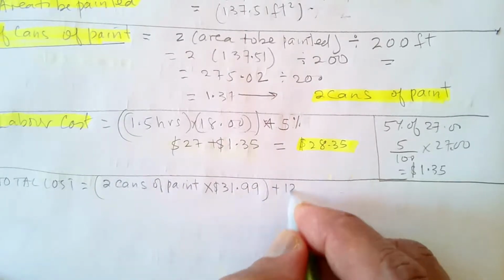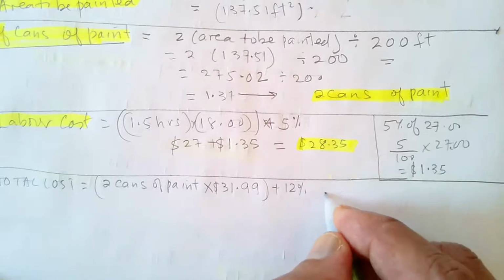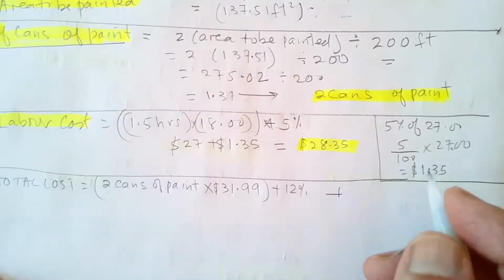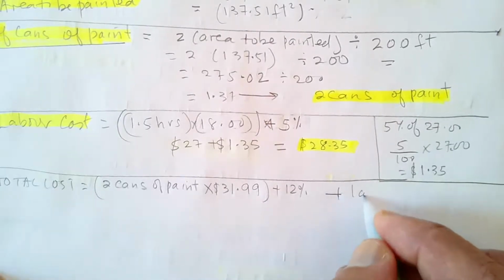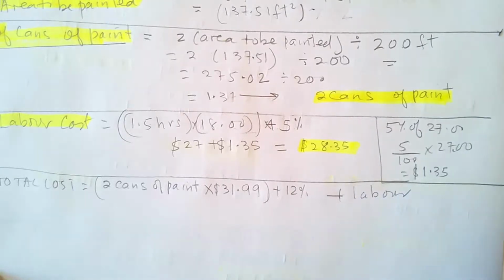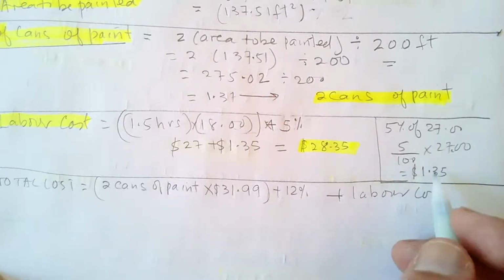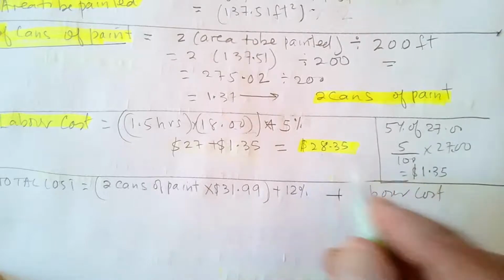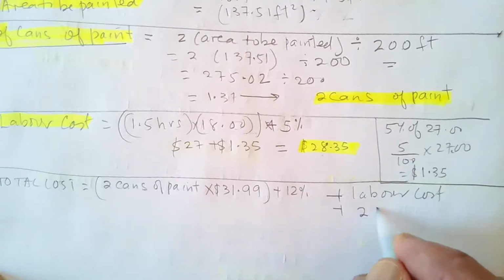Plus your 12% taxes, plus your labor cost, which we found to be $28.35. So we can put that down here right away.